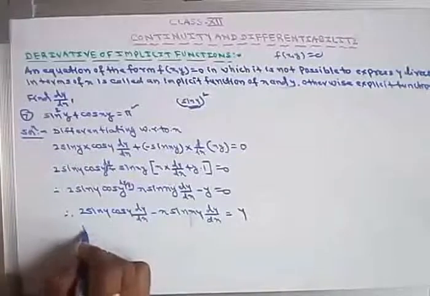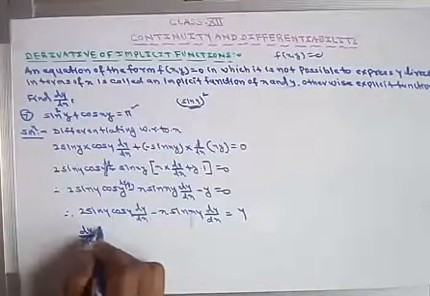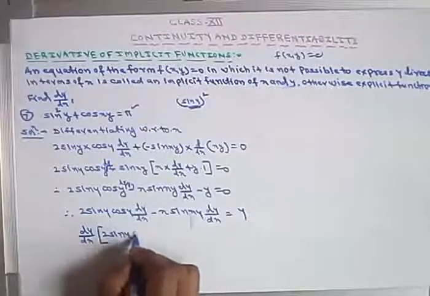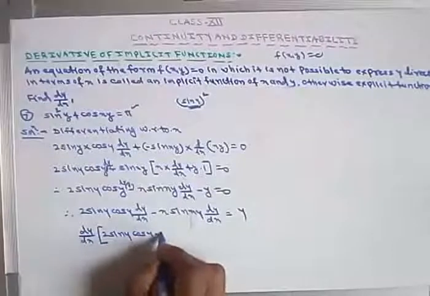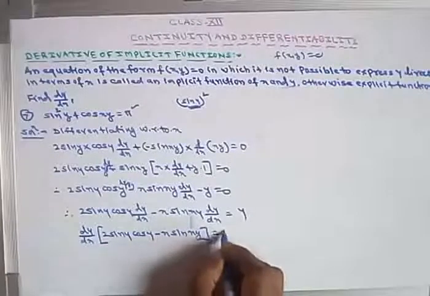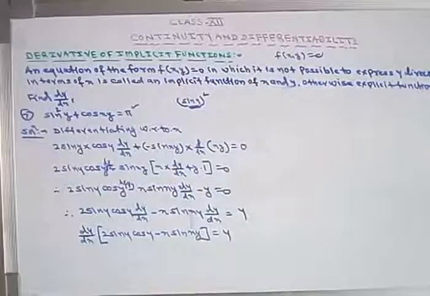So taking dy by dx common, we get twice sin y cos y minus x into sin x into y equals to y, right?